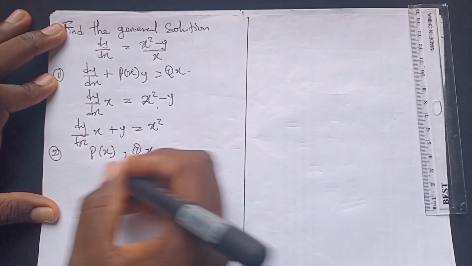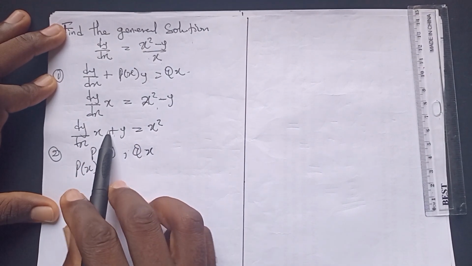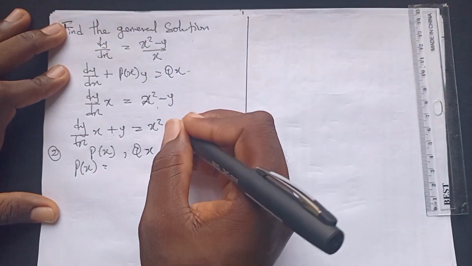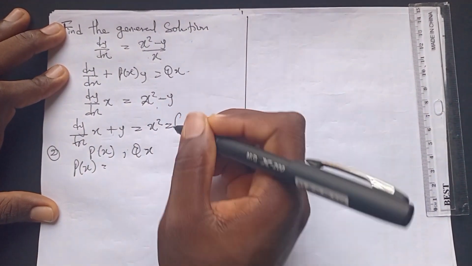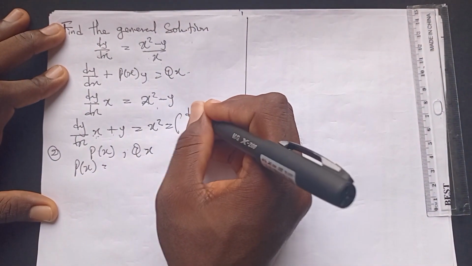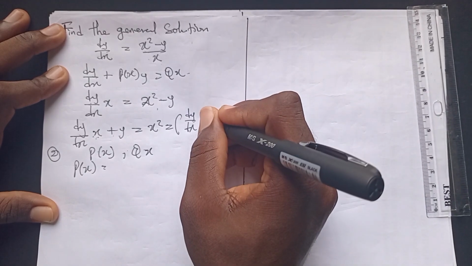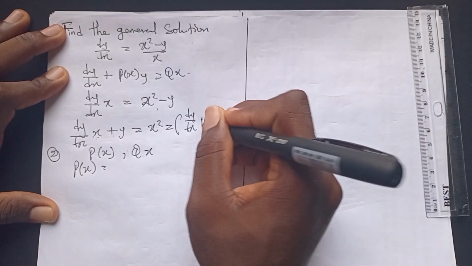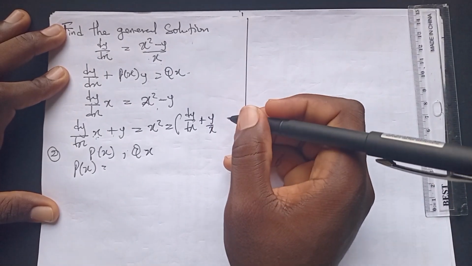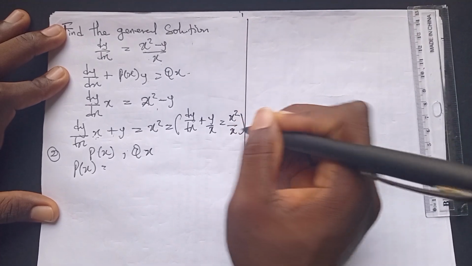So now, to find p of x, if we divide both sides by x, we have dy/dx plus y over x equals x squared over x.